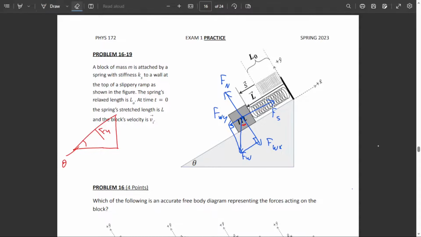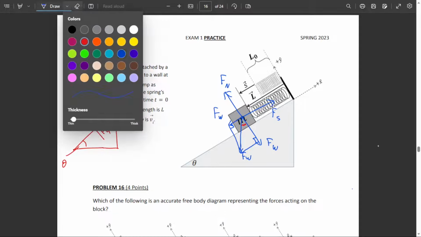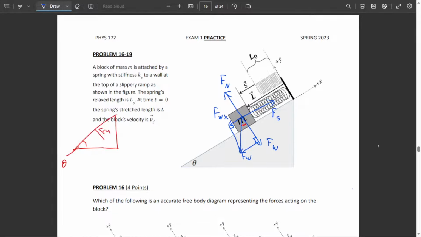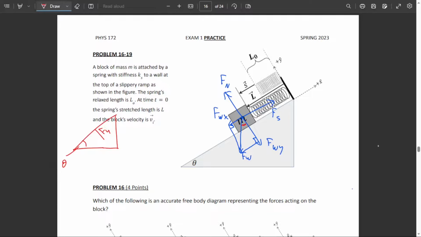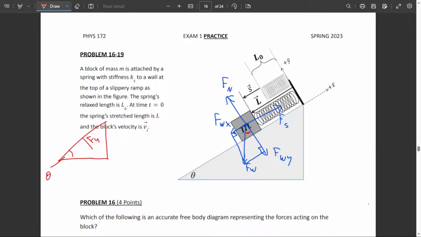Oh, I realized I wrote this backwards. So we have something like that. Or I drew this backwards.